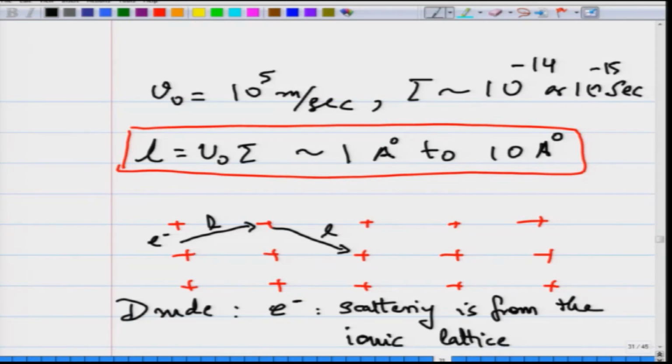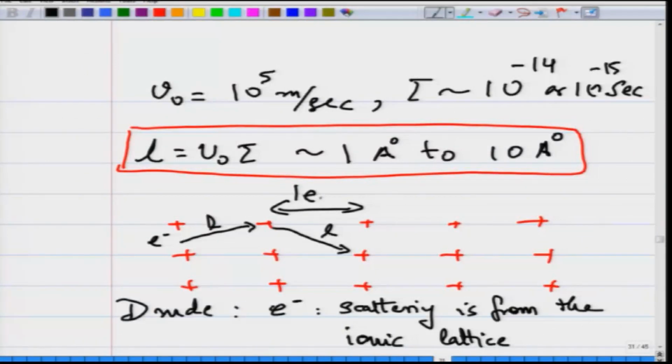It looks as if, as per Drude, the ionic lattice causes this sort of scattering, where the scattering length is equal to the period of the ions in the solid. This gives you a scattering length scale which is roughly the spacing, roughly 1 to 10 angstroms.